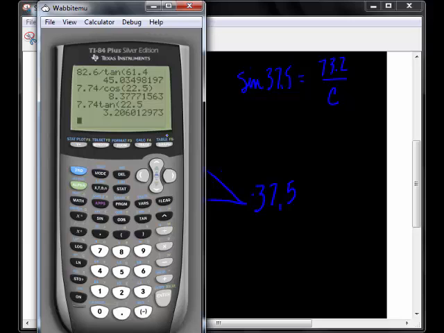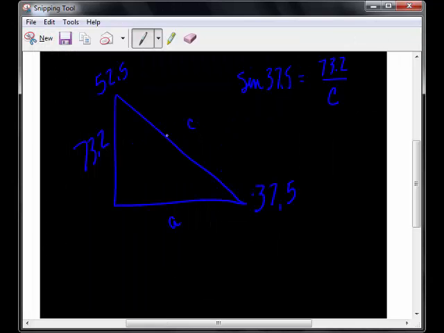Switch the sine and the 73.2 and the C around, and we get 73.2 divided by sine 37.5 is 120. Now it said make 3 sig figs, so we would say 120 point. And then for A, oops, I should have done that one in red, shouldn't I?